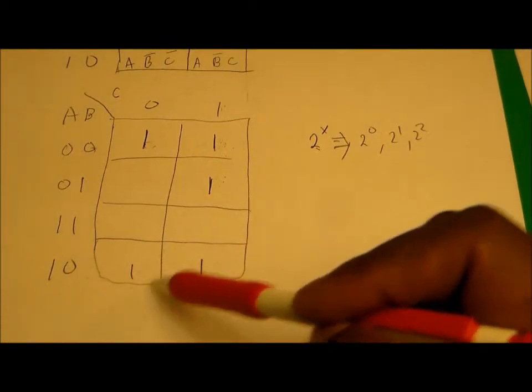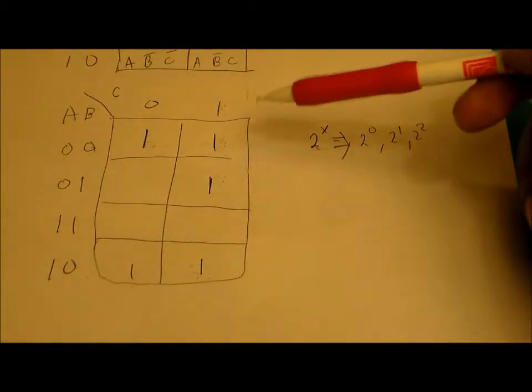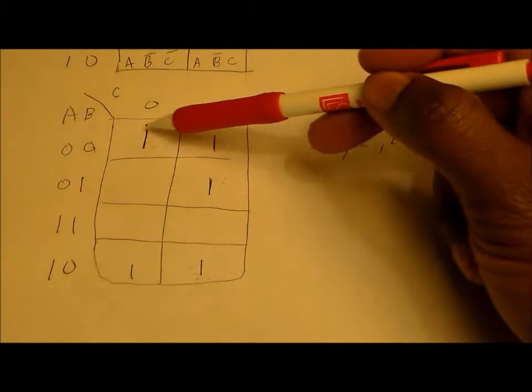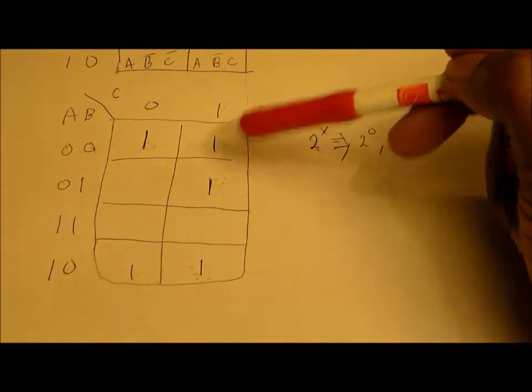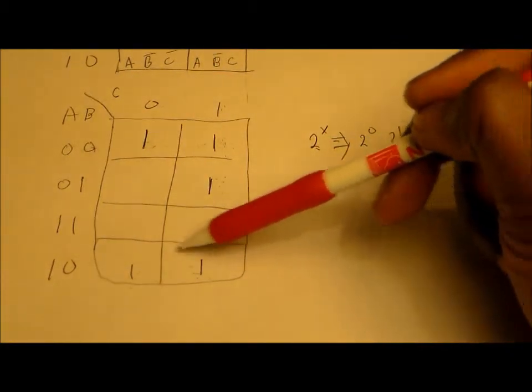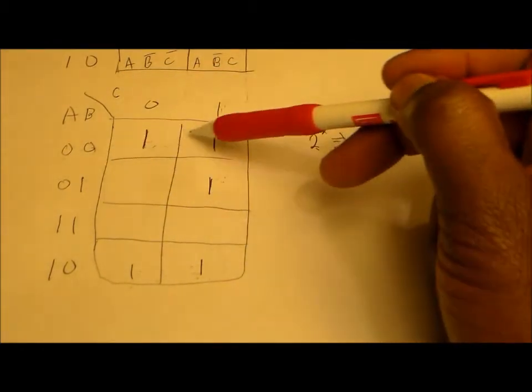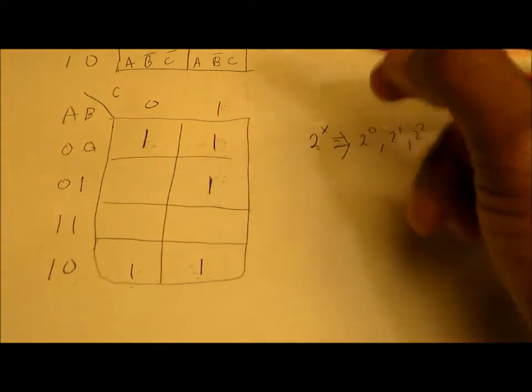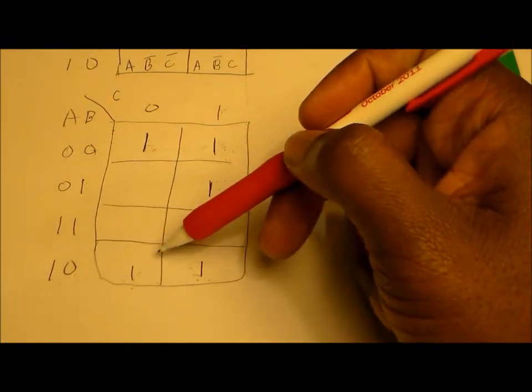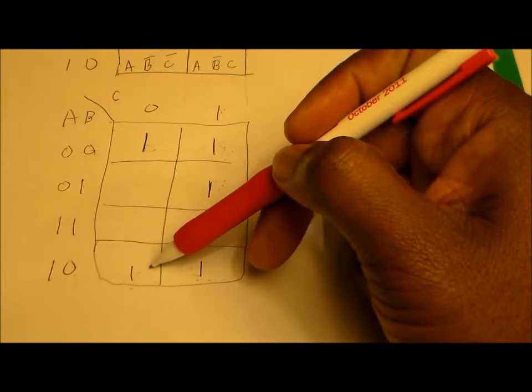So these two would be adjacent. But something else that's important to point out is that these two ones up here are also adjacent to the ones down here, in terms of there being only a 1-bit difference between their inputs also.